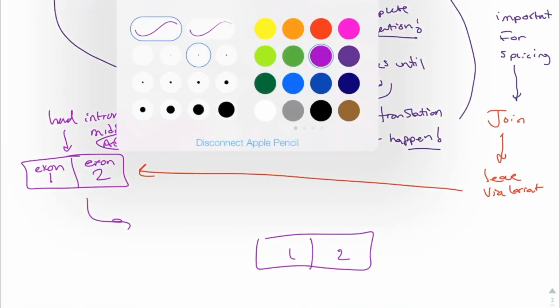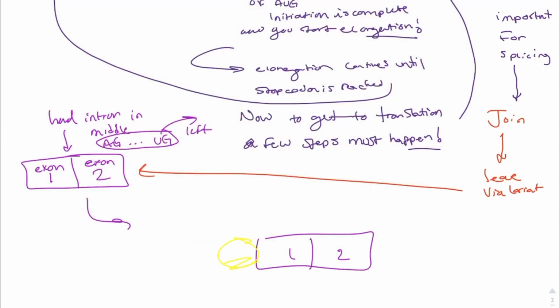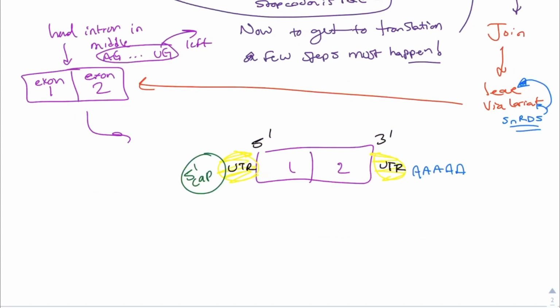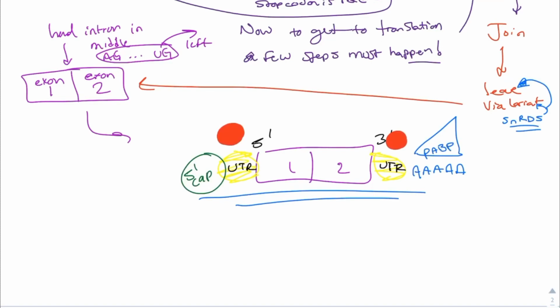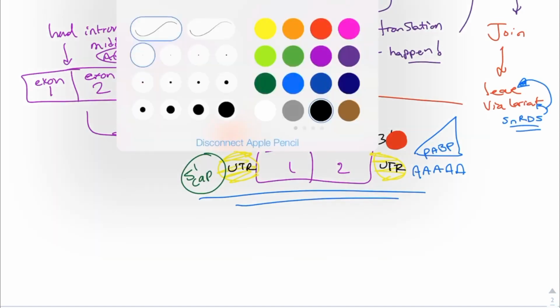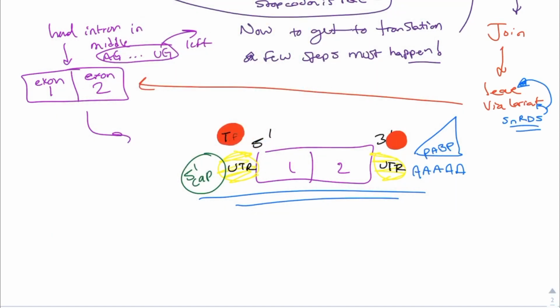So you got your exon 1, your exon 2, you got your UTR regions, 5' cap, and your poly A tail. Let's add our PABP. It's needed to get into the cytoplasm. It's kind of like a code, that code that you need to get into the club, man.